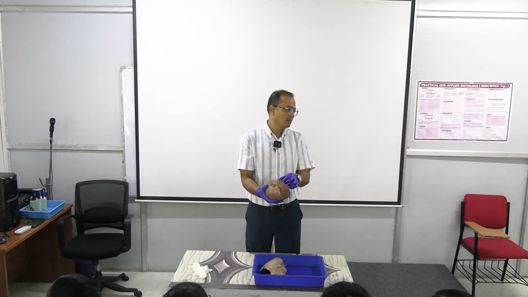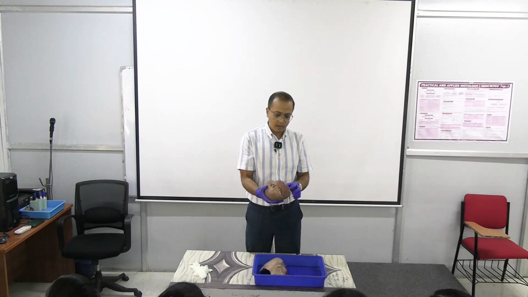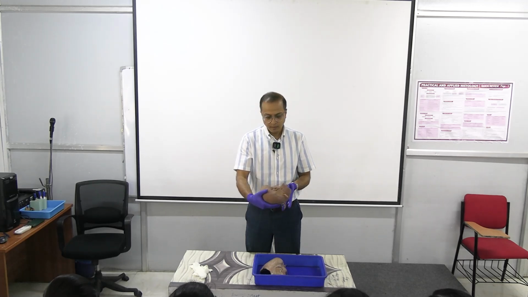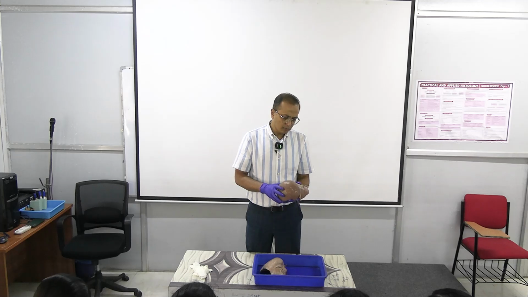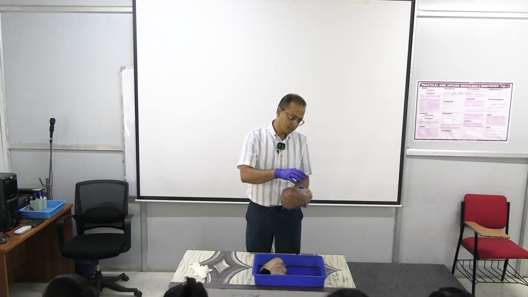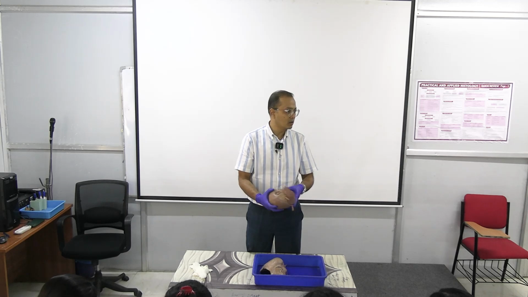Caudate with C, quadrate with Q: caudate is above, quadrate is the lower side. So two lobes and two sublobes, or right lobe, left lobe, caudate lobe, quadrate lobe. That's it.